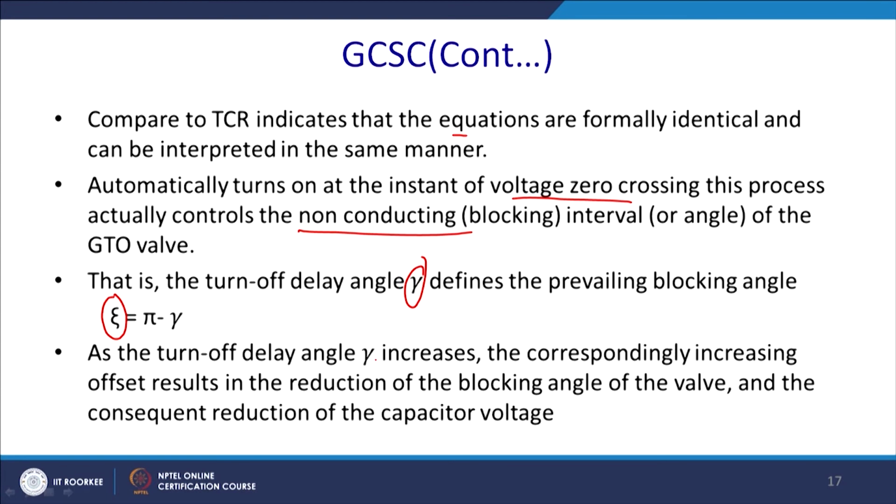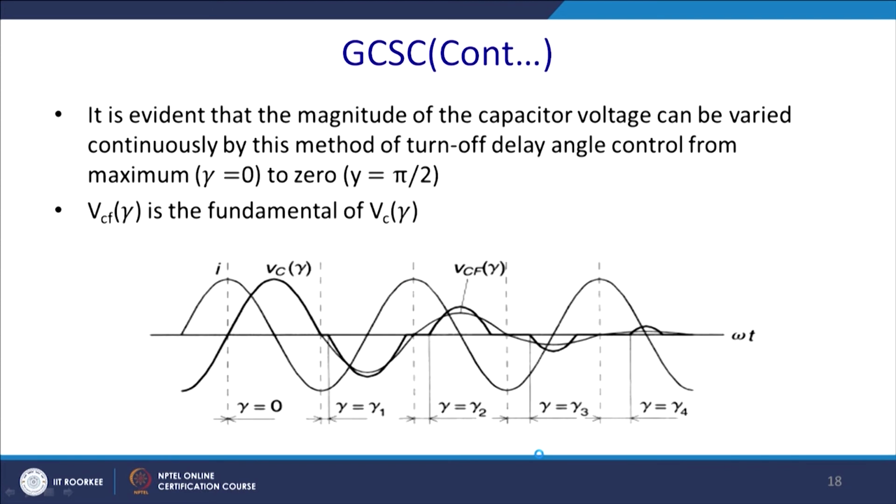As the turn off delay angle increases, the correspondingly increasing offset results in the reduction of the blocking angle of the valve and the consequent reduction of the capacitor voltage. So, capacitor voltage can be controlled in that way.